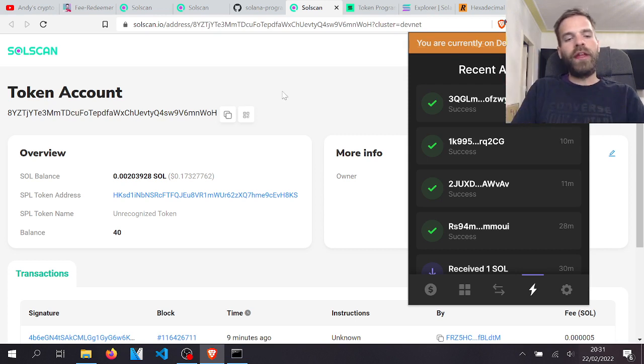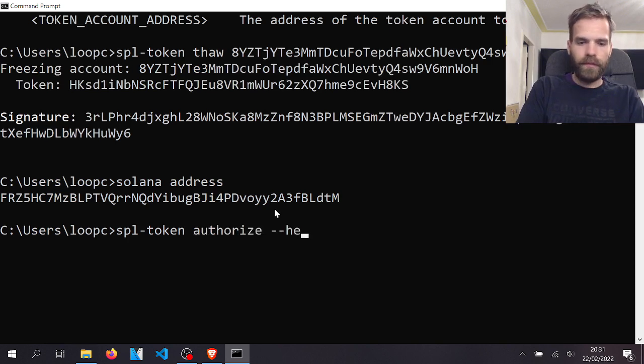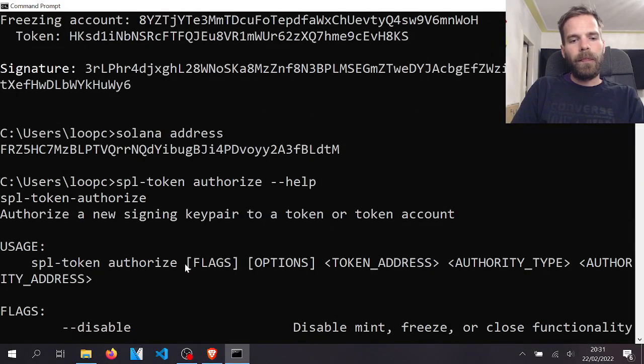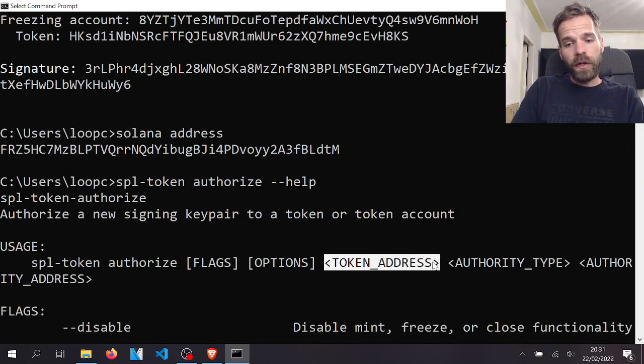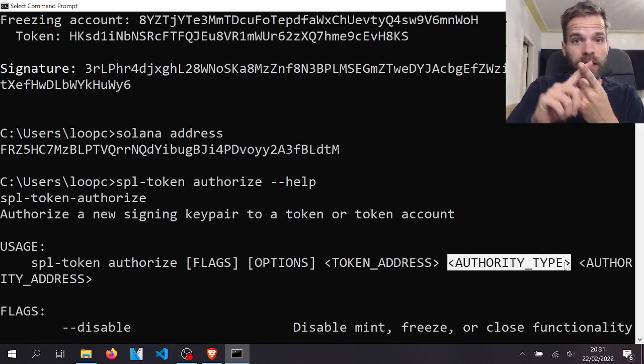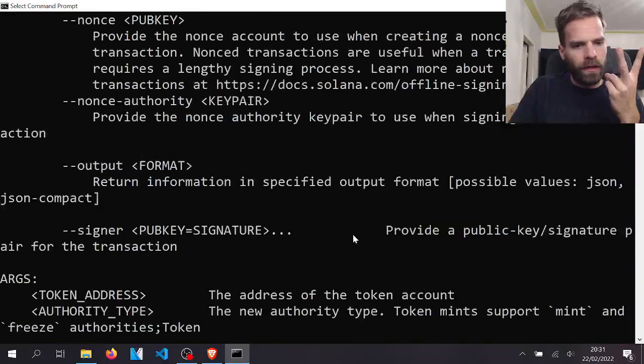Now, maybe one more thing, since we're here and want to learn. If we want to transfer the authority for the minting or the freezing, then we just say SPL token authorize. And authorize needs the following things. It needs to know which token we are talking about. So are we talking about the mint or the freeze, or what else is there?